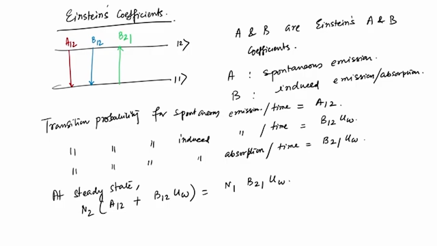If you open this bracket, A12 plus B12 u omega equals N1 by N2 times B21 u omega, and E2 minus E1 is basically the perturbation term, the frequency of the perturbation.